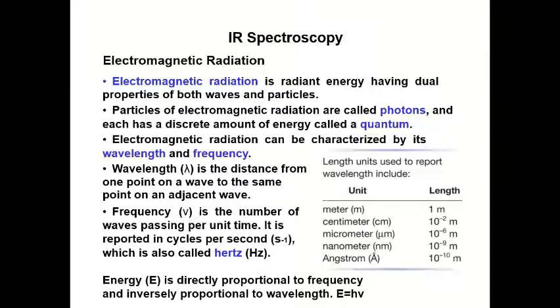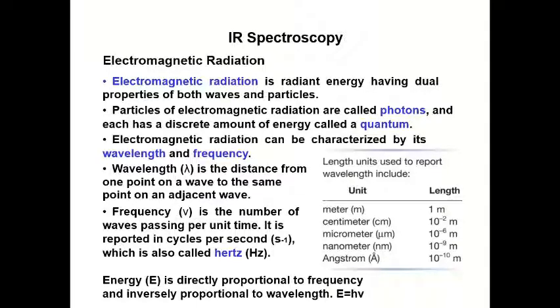In this case, the electromagnetic radiation is radiant energy having dual properties of both waves and particles. The particles of the electromagnetic radiation are called photons, and each has a discrete amount of energy called a quantum. Also, the energy in electromagnetic radiation can be characterized by its wavelength and frequency. We are going to see this in more detail later on.